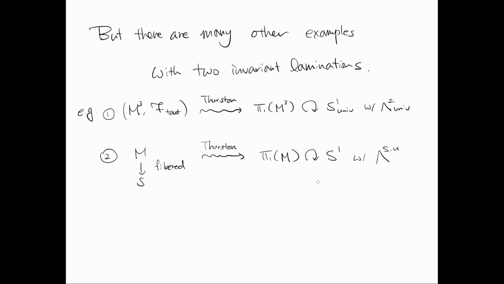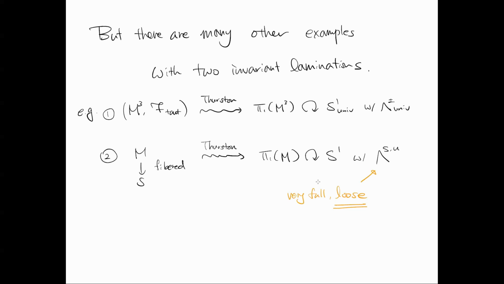This is the case when this pair of laminations is very full. Of course, you can think of this as a special case of number one, because this gives you the taut foliation I used as an example. But on the other hand, I wanted to emphasize that in this particular class of examples, you do have two very full invariant laminations without the group being a surface group.